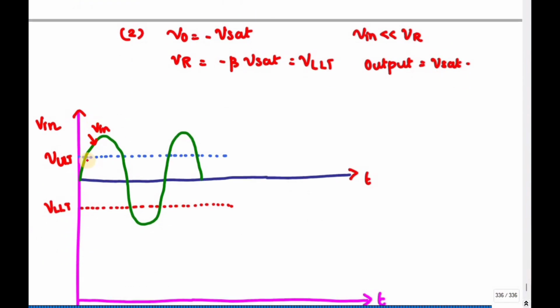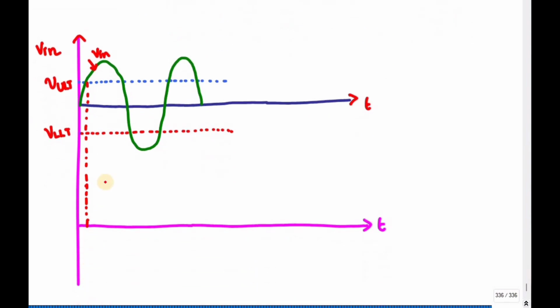So during this point, initially the output has to be Vsat, and whenever the input goes more than the VULT, it will go to minus Vsat, right?